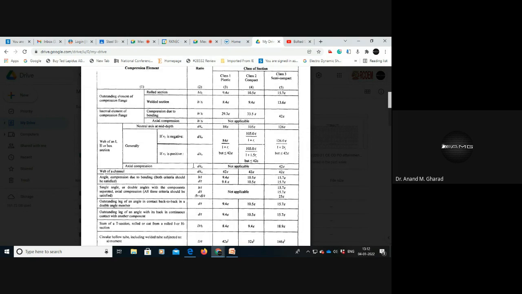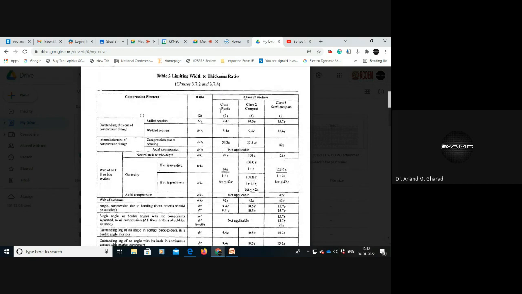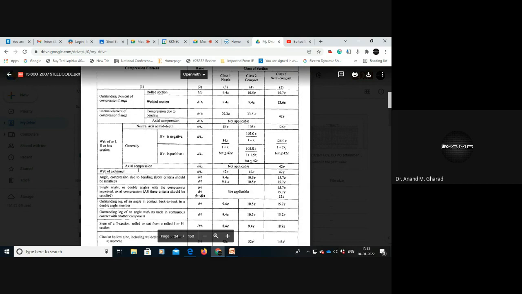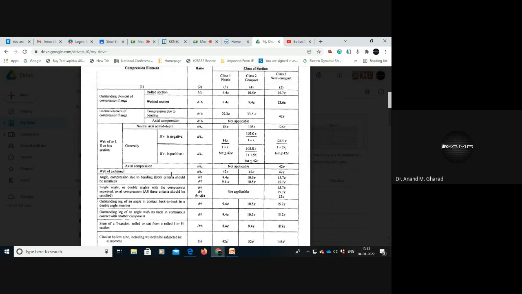So as per your IS code, for defining the class 1 or plastic classification, for a web of channel, the value of the width to thickness ratio should not be more than 42 times epsilon.